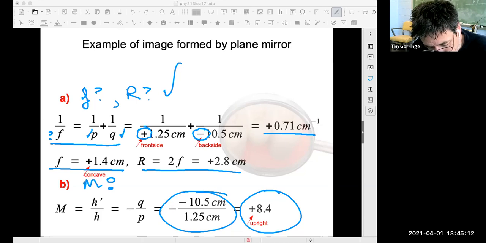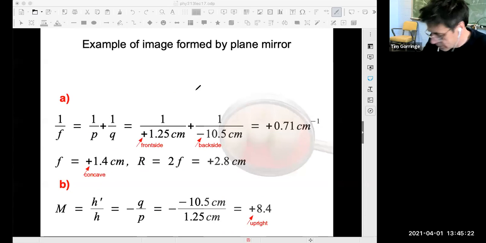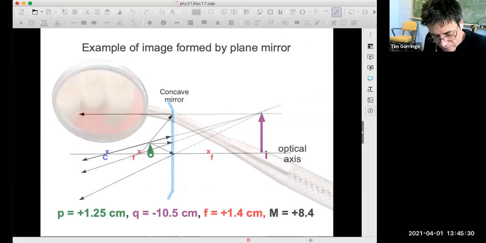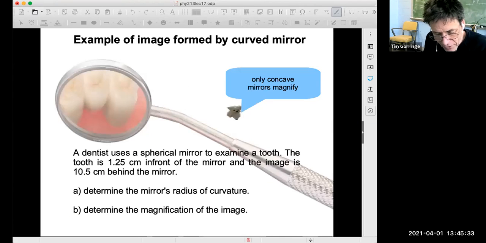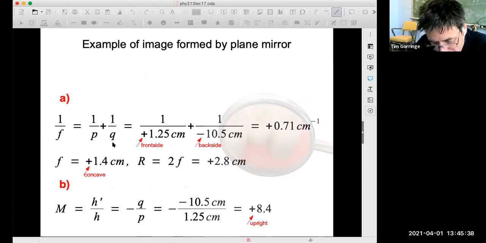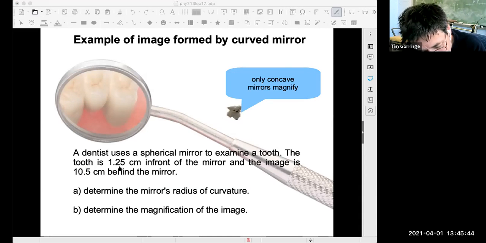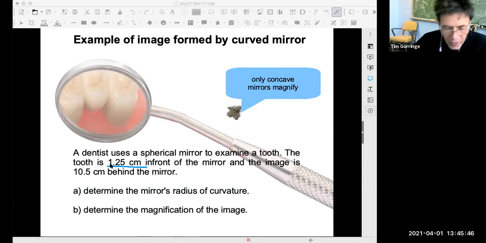If I go back to the picture, the tooth was 1.25 centimeters in front of the mirror.